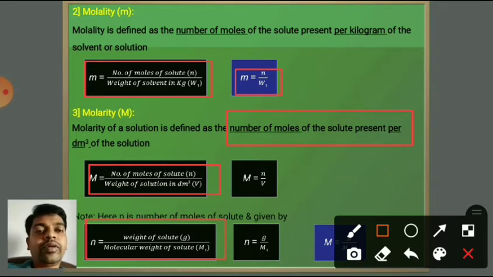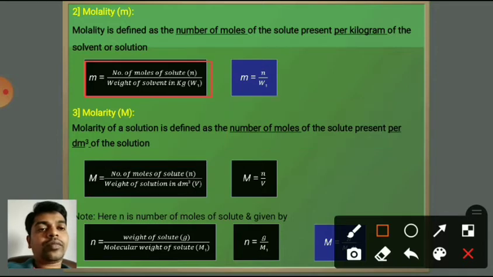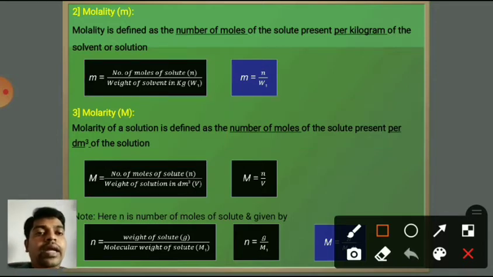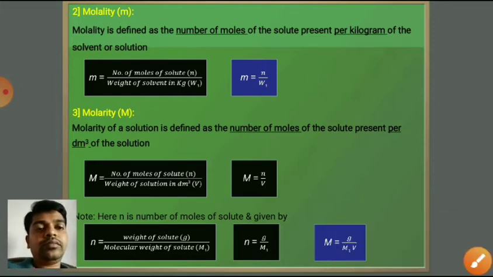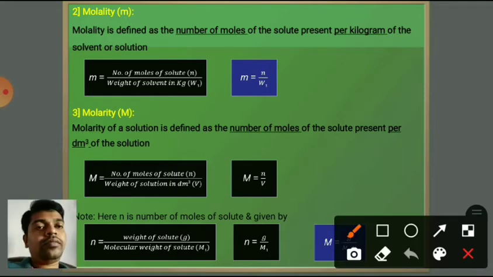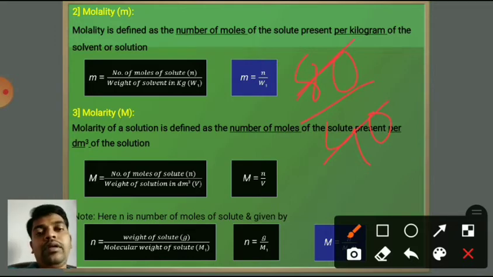So if we have NaOH as a solute, and we have the quantity 80 gram, and the molecular weight of NaOH is 40, after calculation we get 2.